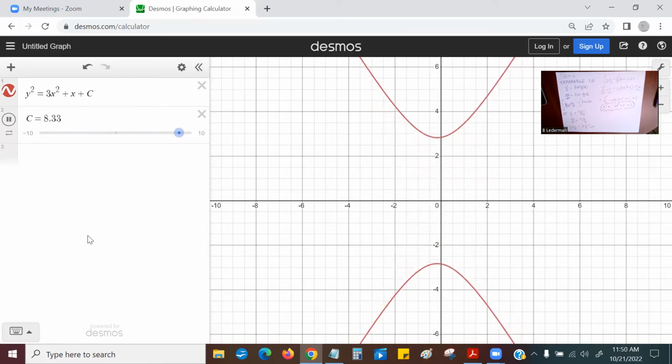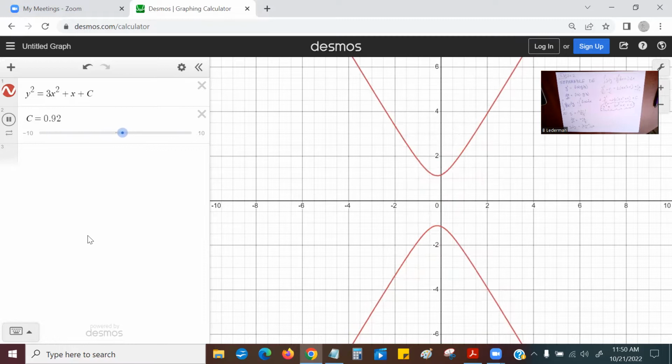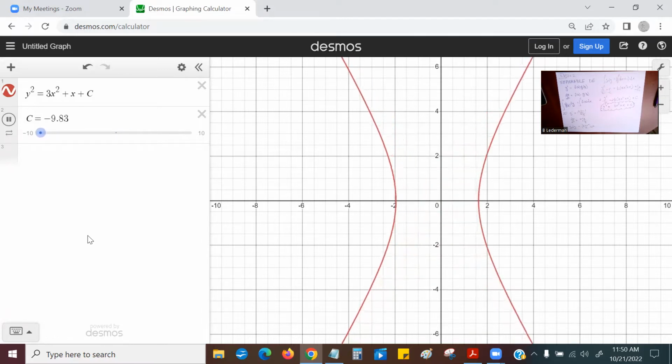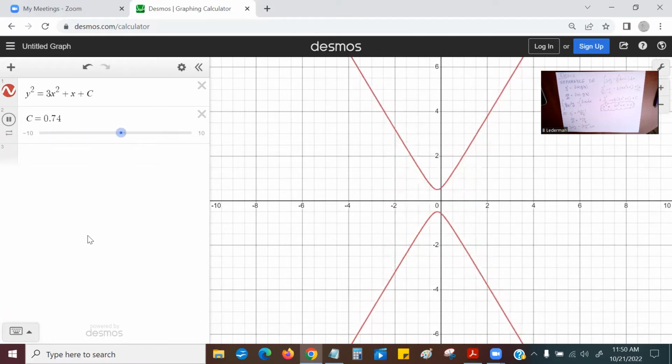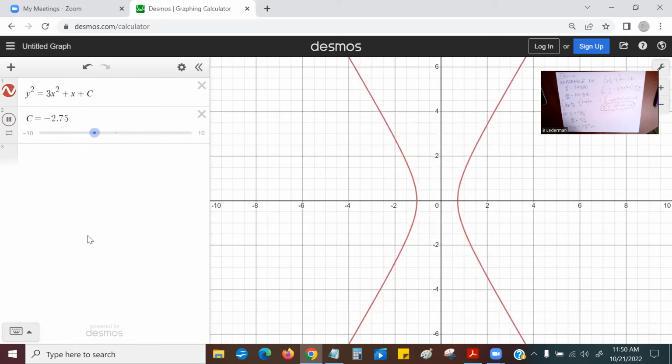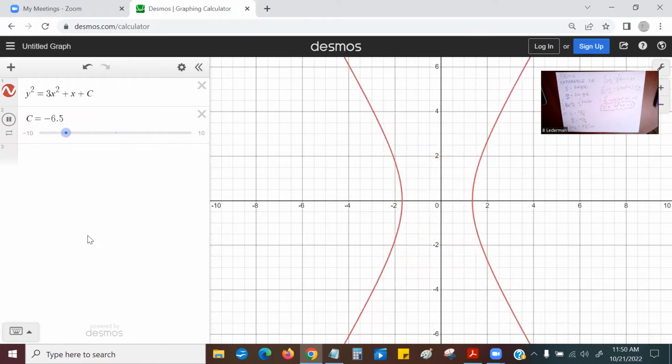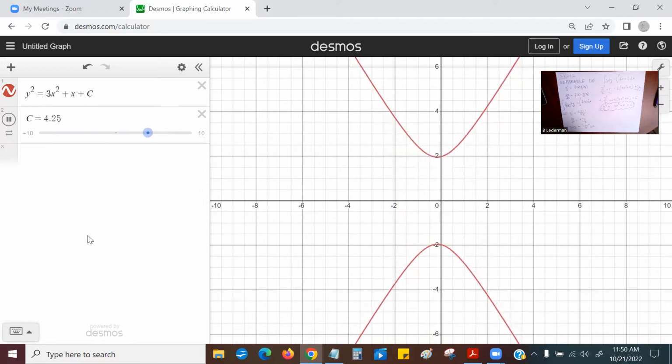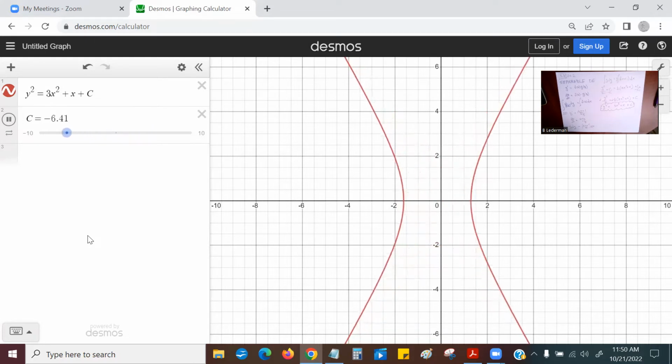When c is positive, you have a happy face and a frowny face, and when c is negative, I have two faces side by side, left and right. This is a very beautiful function.